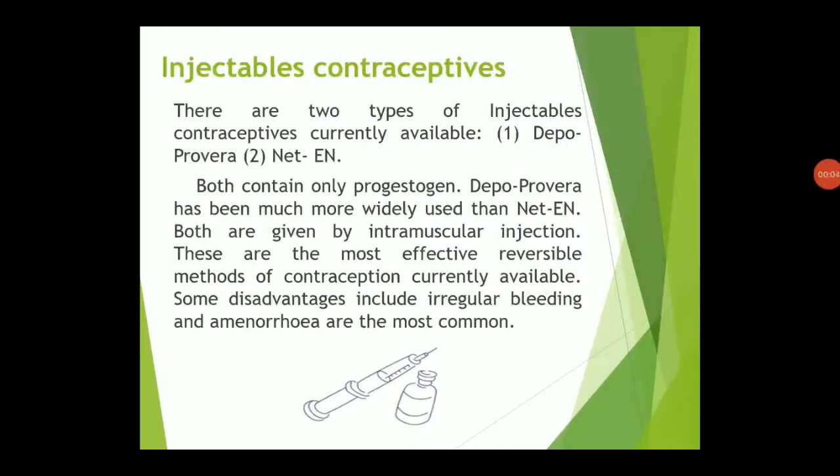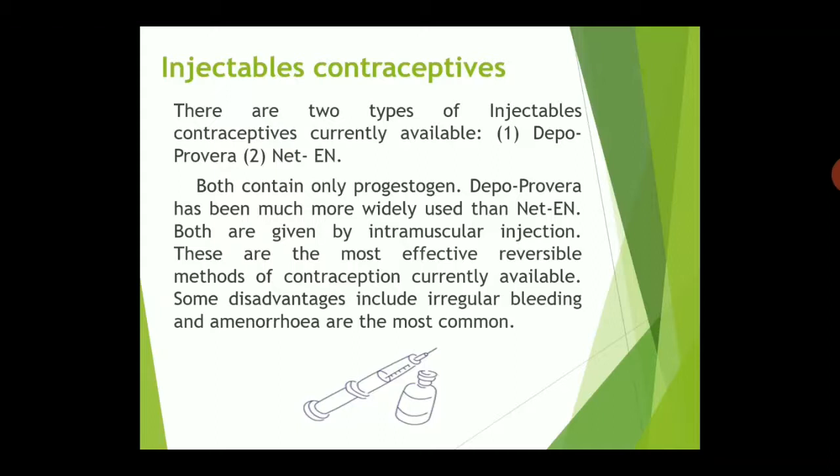Injectable contraceptives. There are two types of injectable contraceptives currently available. One is Depo-Provera and the other is NET-EN. Both of these injectable contraceptives contain progesterone.